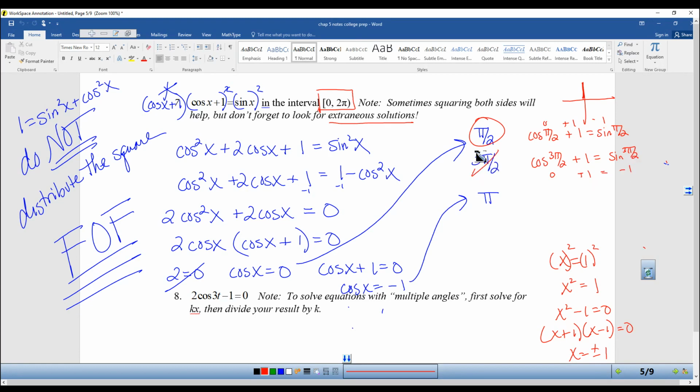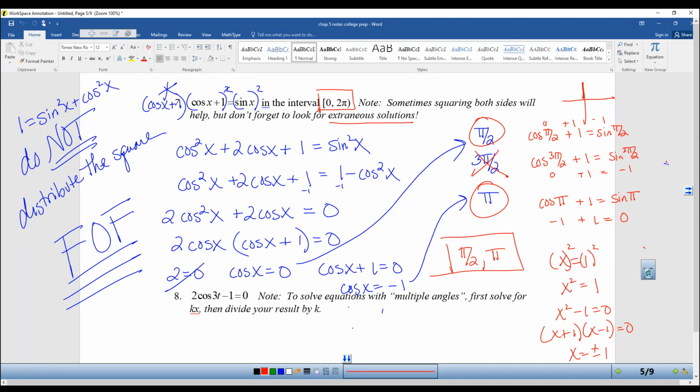This answer is no good. That's extraneous. And we can check the last one. Cosine of pi plus 1 is equal to sine of pi. Cosine of pi is negative 1 plus 1, and sine of pi is 0, which works. So there's only 2 answers, not 3, on a very, very challenging problem.